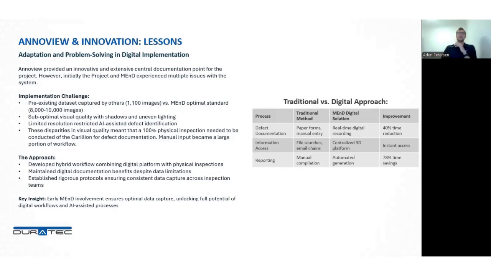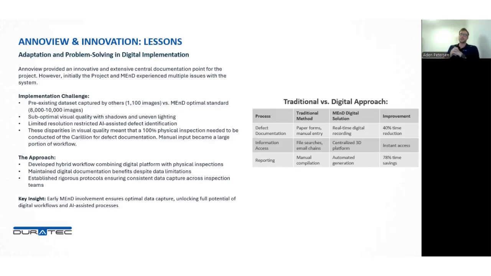That's the lesson. We adapted. We developed a hybrid workflow that maintained digital documentation benefits despite some of the data limitations. The comparison table here on this slide shows some of the improvements we achieved, even with these constraints and having to work through the hybrid model.